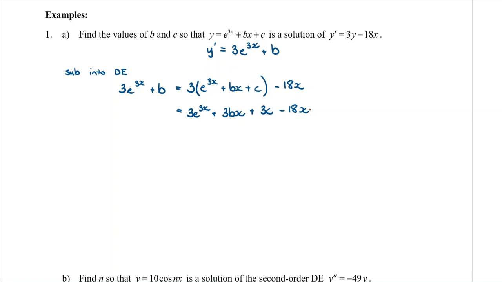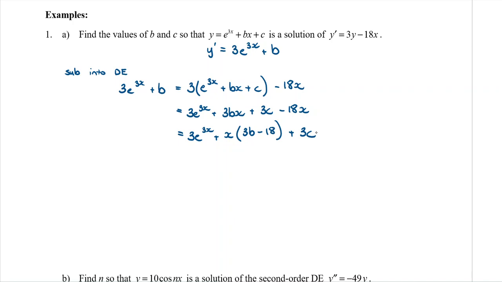You can't add them because one of them has a b and one of them doesn't, but I could put them together by factorising the x out. So I'm going to go plus x times (3b minus 18), and then the plus 3c, I'm just moving that along to the end. Are you with me with what I've done so far? I'm just factorising the x out of the second and the fourth term.